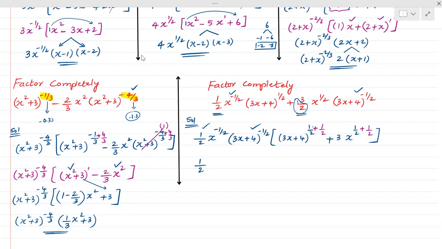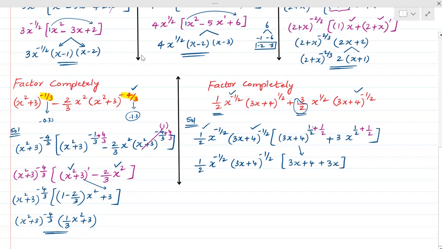After that, simplify 1 over 2 to the power 1, x to the power minus half, 3x plus 4 to the power minus half, and here we will have 1 plus 1 over 2, which is 2 over 2, 1. So it is 3x plus 4. This is the simplified part. Now here 1 plus 1, 2 over 2, which is 1, therefore 3x.